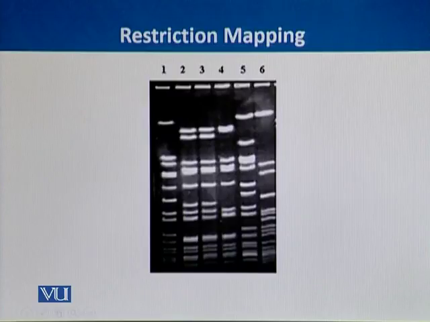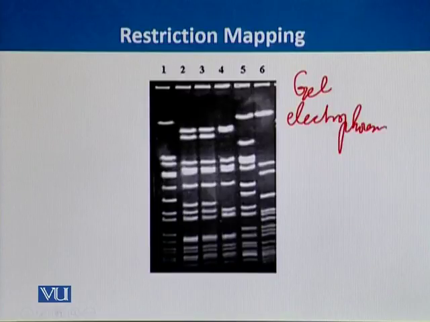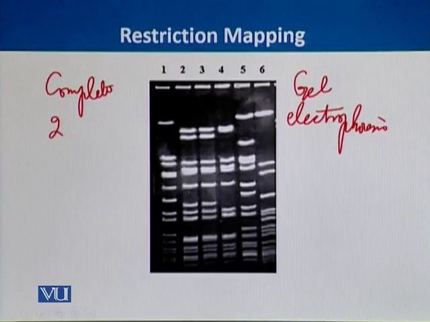One is the technique called gel electrophoresis, and by using this technique scientists can measure the sizes of fragments. In the case of complete digestion, as we have seen in the last slide, two fragments will be of two sizes and two fragments were of three sizes.